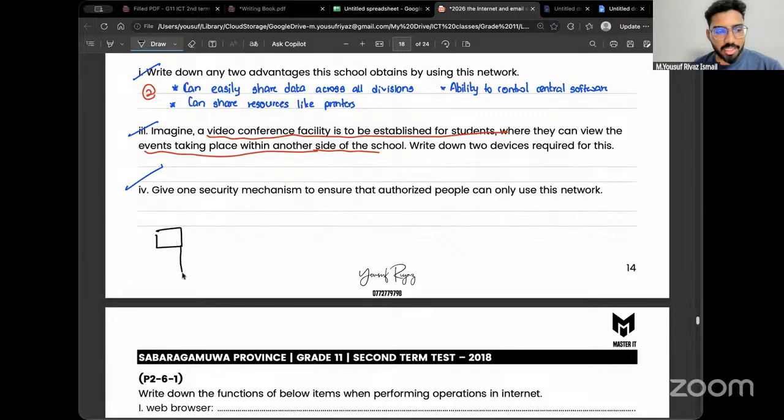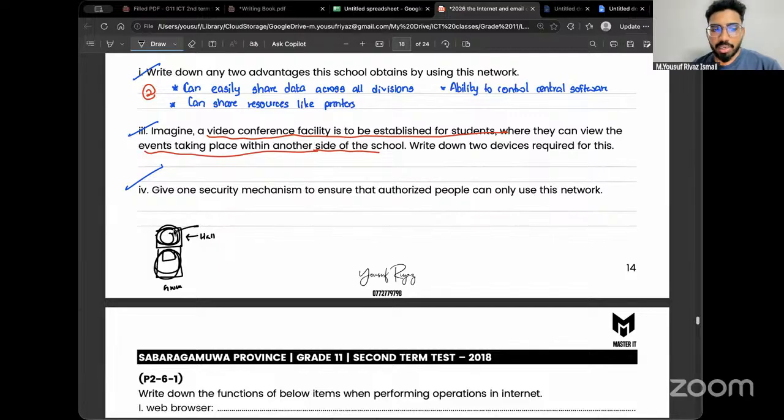And let's say there is a grounds here. I want a situation where I can watch whatever is happening in this hall from the grounds. To do that, I need two main devices. One device to capture whatever is happening here, and one device to show it here.